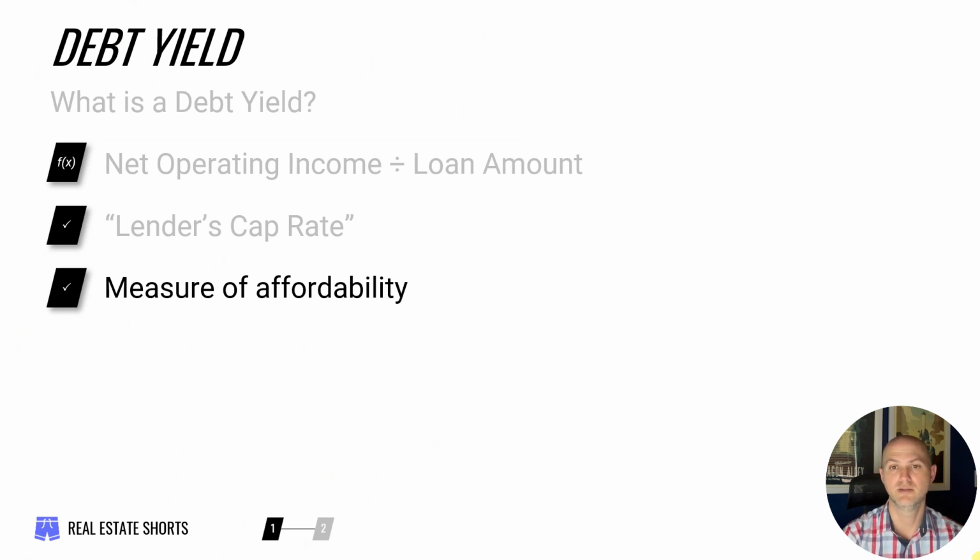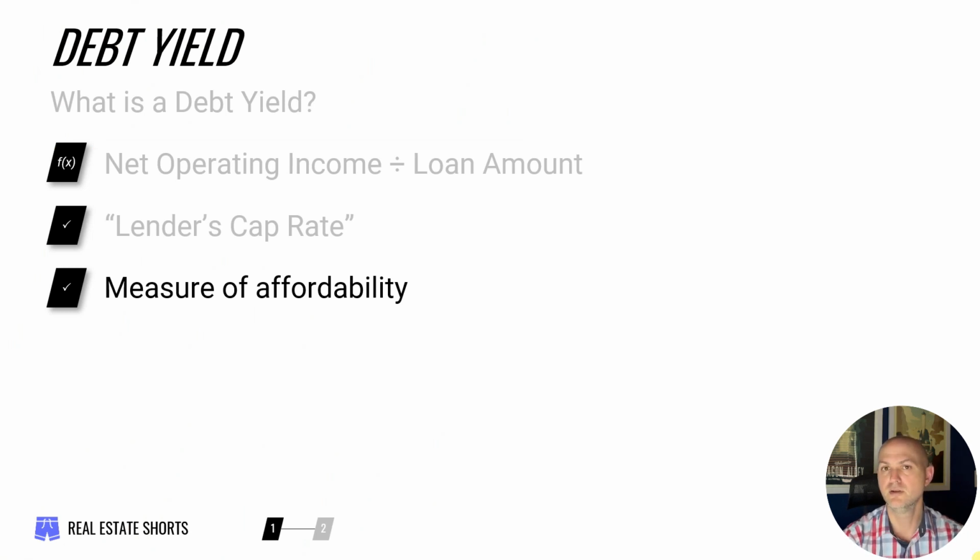And this is why that debt yield component of that phrase is important. This is the yield that the lender would have earned if they took the property back from you, relative to the loan amount that they lent, instead of the price that you paid.